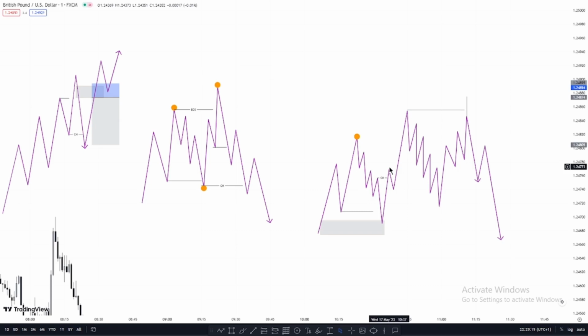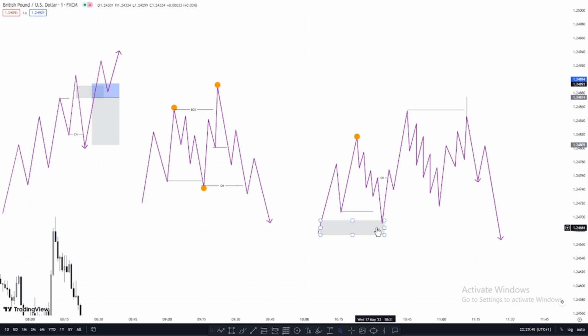And price created this high and came back down to create this low before going higher. So price changed direction here, from this bearish structure to bullish structure. Can you see that? Why is here your CHoCH? Because it tapped into a higher time frame point of interest.